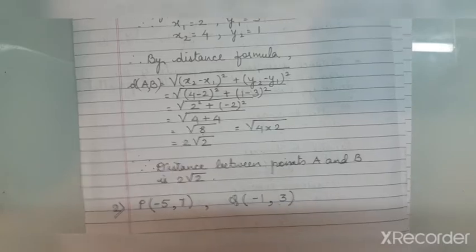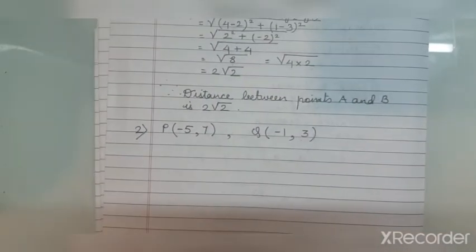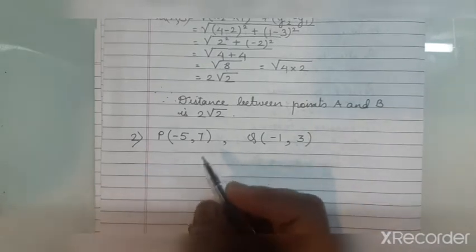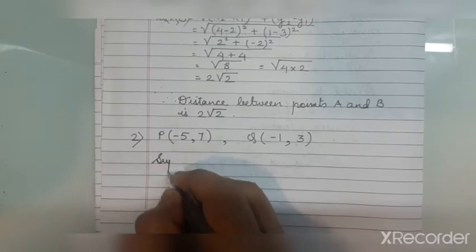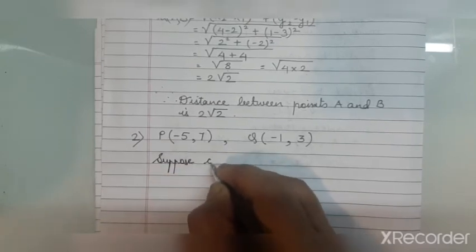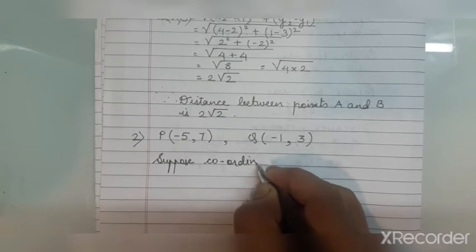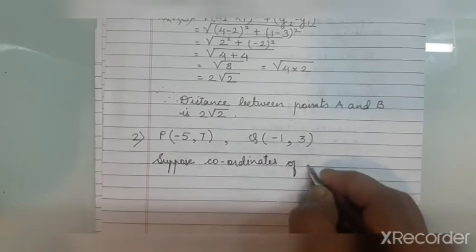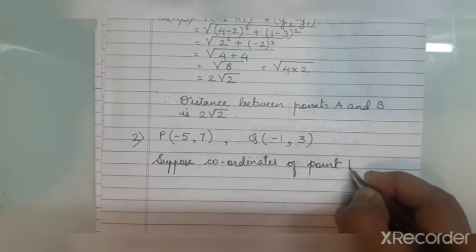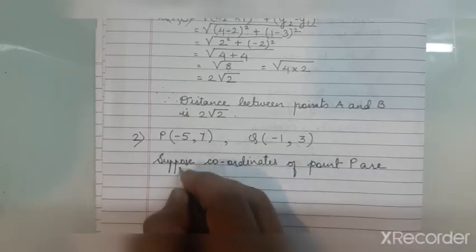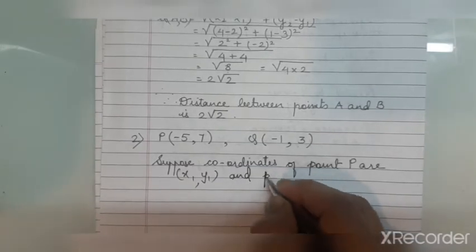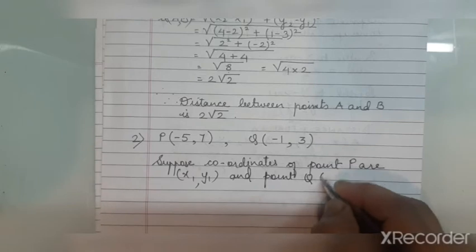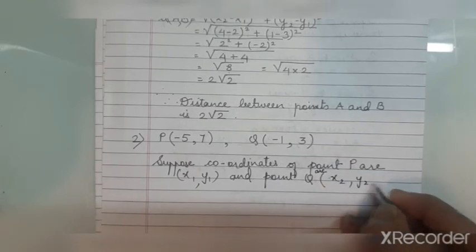So here this will be solving. Same method. As I told you, if there are only 2 points, it is necessary that you mention what is x1, y1, x2, y2. So same, suppose the coordinates, now the points are changed here, of point P are x1, y1 and point Q are x2, y2.